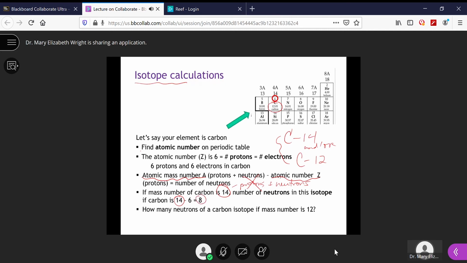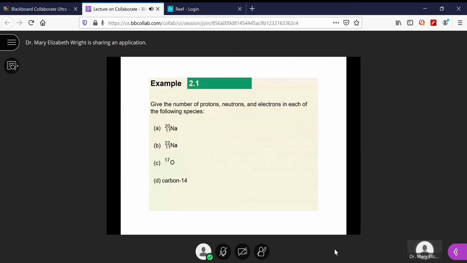However, if it's carbon-12, then our mass number is 12, protons and neutrons, minus the protons equals 6. So this is 8 neutrons here, but 6 neutrons here. So let's just put this to work.